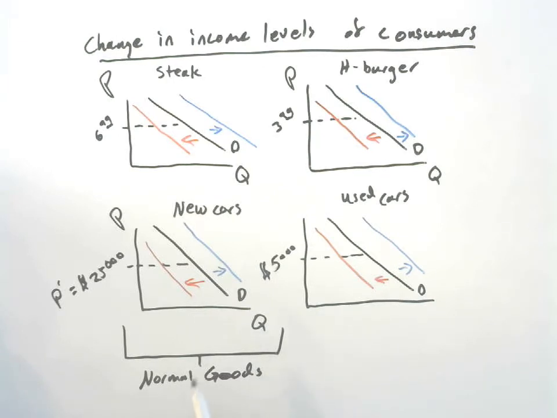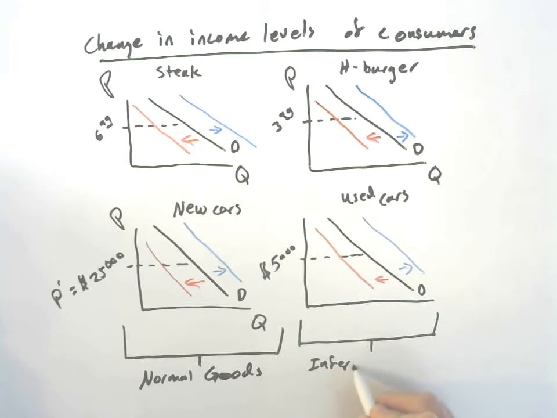A normal good is defined as a product where there is a positive relationship between a change in the demand for a product and the change in the consumer's income level. So consumers' income levels rise, demand rises. Incomes fall, demand falls.